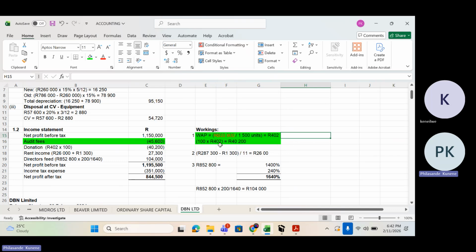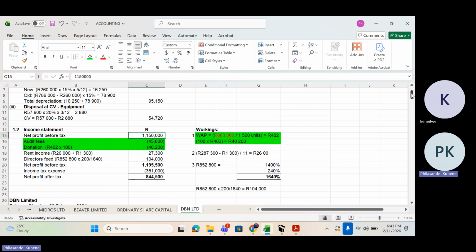Then we multiplied that 402 by 100, and we got 40,200 rands, which is a donation expense that was not recorded. We recorded it on the income statement as donation expense, which means we're subtracting it from that incorrect net profit before tax.